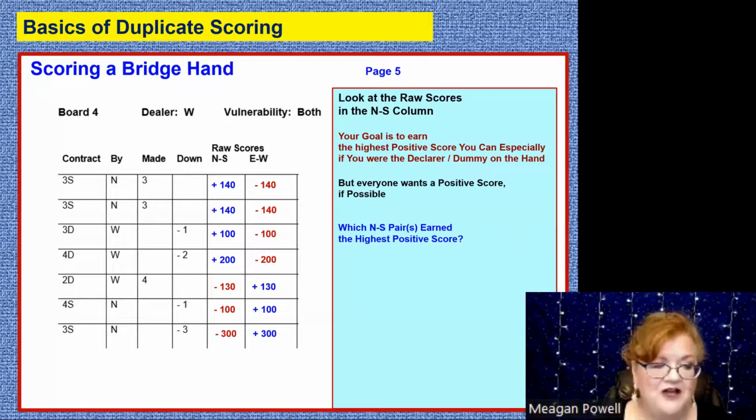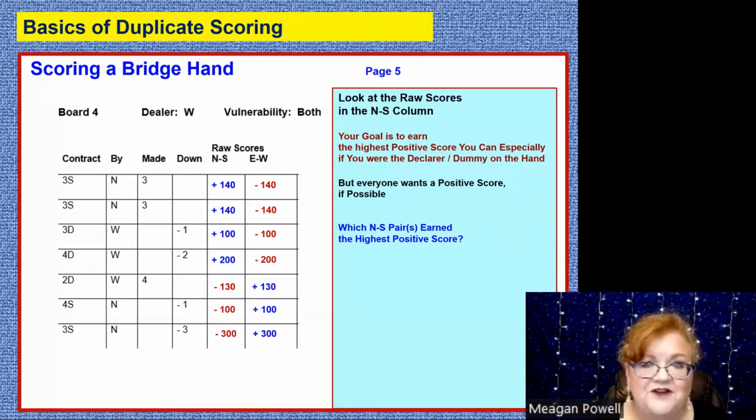Now, I'm going to remind you that Captain America and the Hulk, north-south, were not the declarers. Look at the contract. It was an east-west contract, but east-west didn't do well. So they handed north and south a big positive score. So you don't have to be the declarer to get a big positive score.